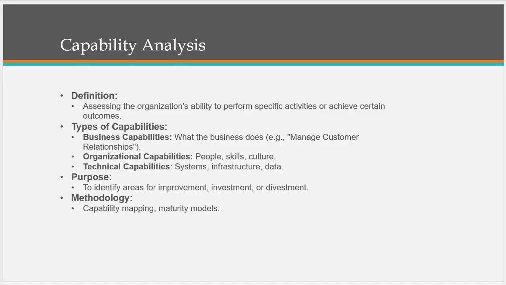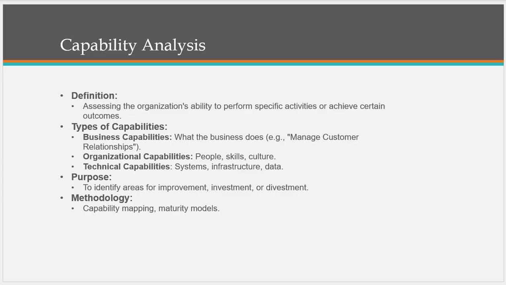There are different types of capability analysis, like business capability, organizational capability, and technical capability. Business capability is what the business does, and whether the business is capable of doing those activities. Organizational capability is whether the organization's people, skills, and culture are suitable and feasible for those activities.